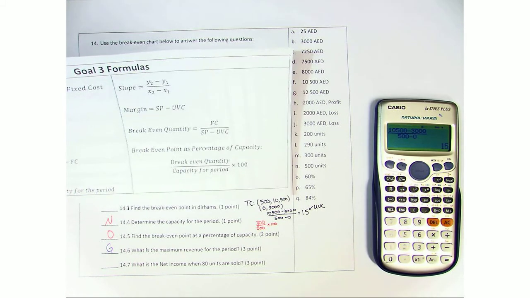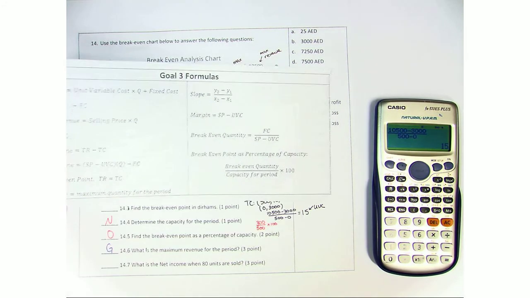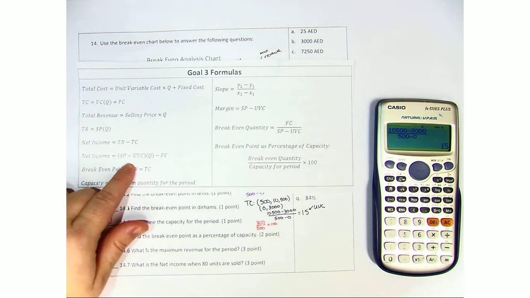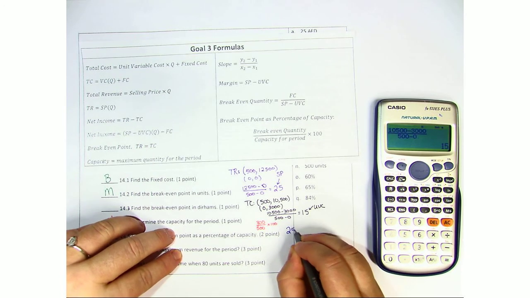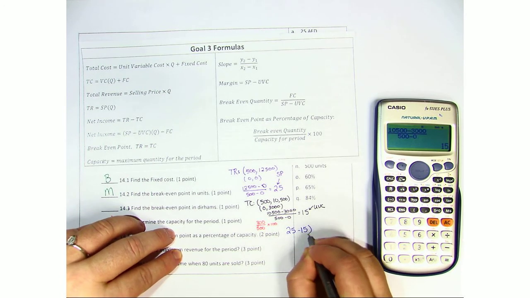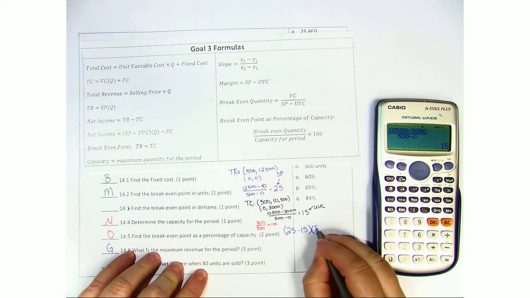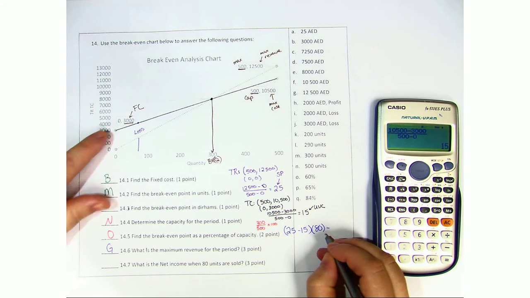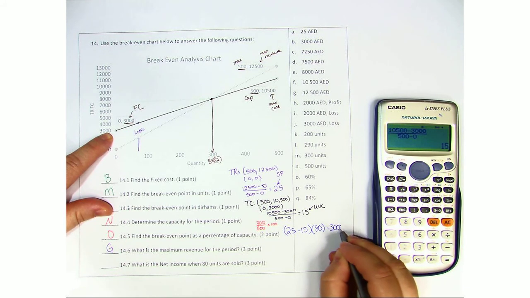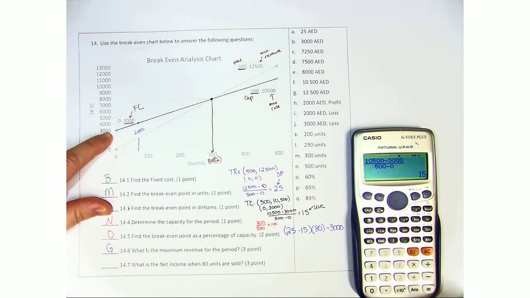Now we're going to look at our goal 3. Our net income here is our selling price, 25, minus 15 times the quantity we were given. In this case, it's 80. Minus our fixed costs. Well, we already figured out our fixed costs earlier on. So let's go ahead and put this in the calculator exactly as we see it.